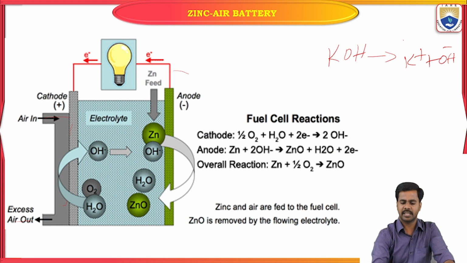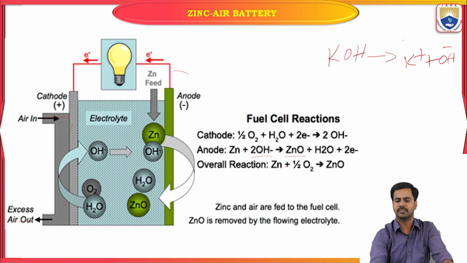Oxidation takes place at the anode. Here zinc acts as the anode. Zinc loses electrons through the process of oxidation and reacts with hydroxide ions, which come from the dissociation of the electrolyte, and forms zinc oxide, H2O and the liberation of electrons.